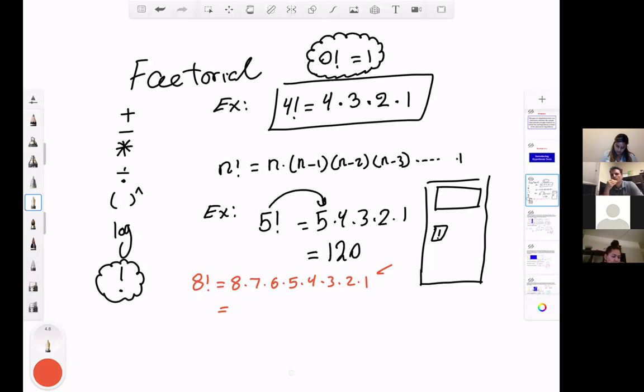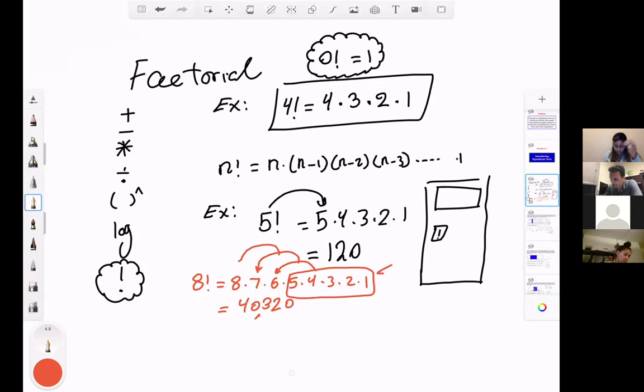I got a very huge number. Yeah, it's huge. Give me the digits. 40,320. You're going too fast. Is that right? Yeah, it should be, because this much was 120, correct? Then 120 times 6 gives us around 700. 700 times 7, then the answer times 8 is going to be huge. Good.